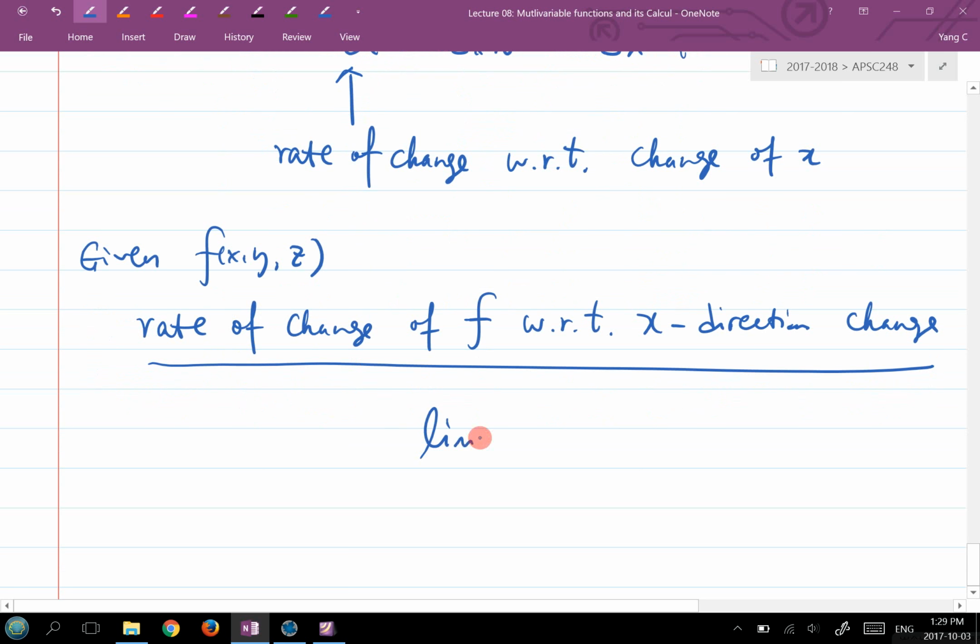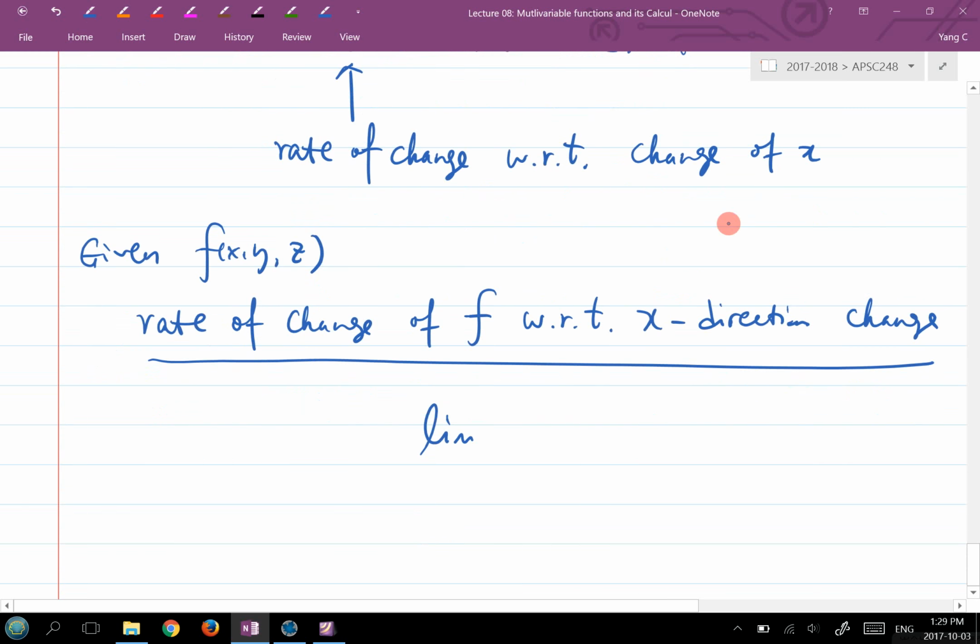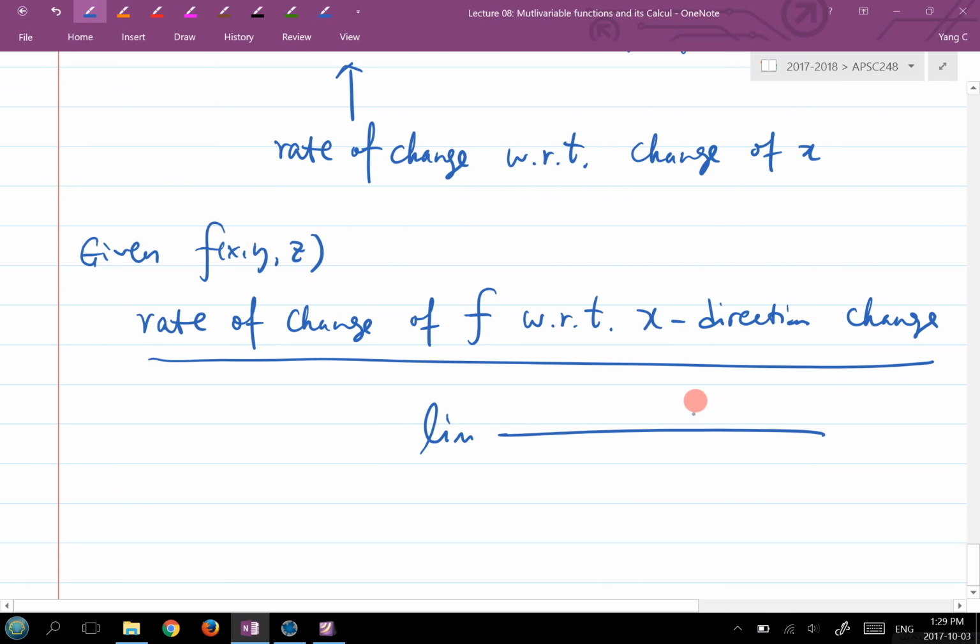Use a similar expression: we're talking about x change here, so divided by delta x. Function f, there's a change in the x direction. So we only have a change in the x direction, and the y and z values have no change. There we go. So that's a similar definition as we used for the single variable function.